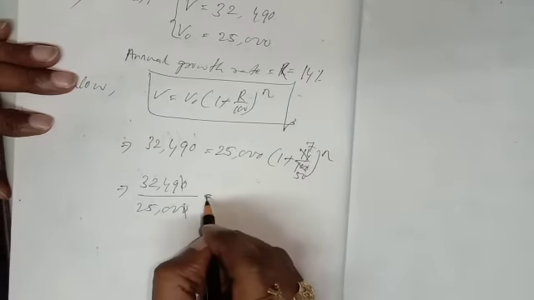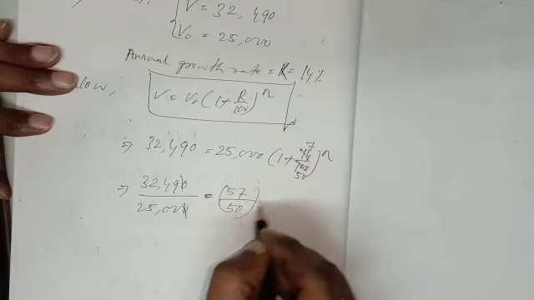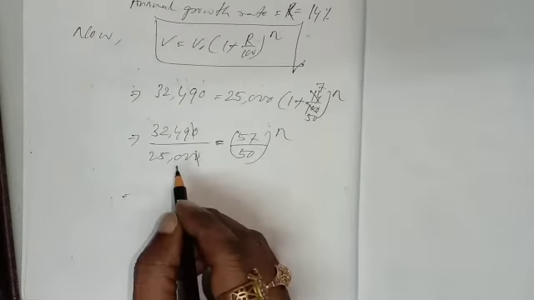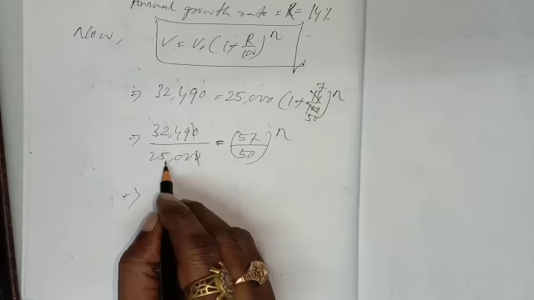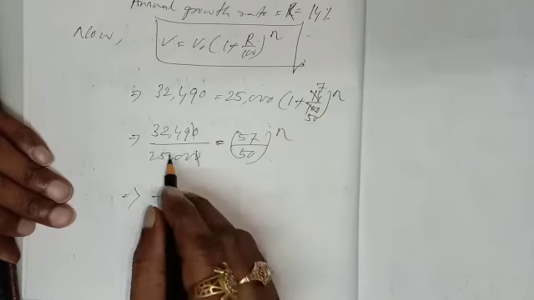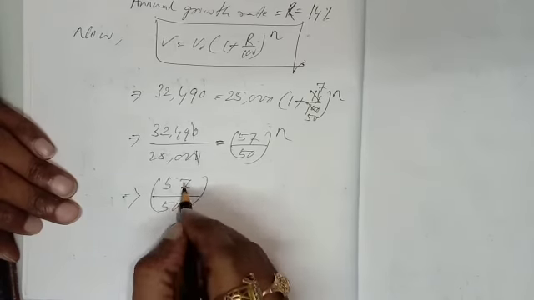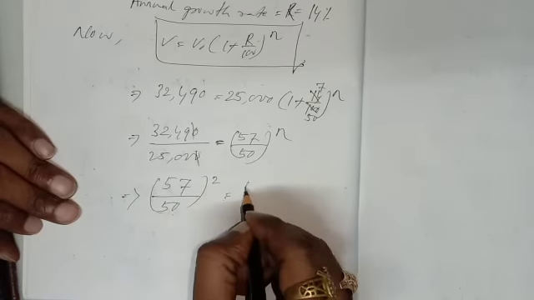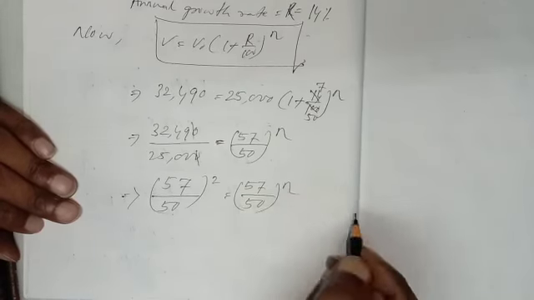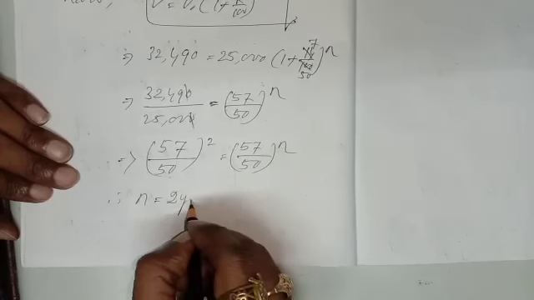It is coming 57 by 50 whole to the power n. And 2,500 means 50 whole square, and this will be 57 whole square. 57 by 50 whole square is equal to 57 by 50 whole to the power n. Comparing both sides, n is equal to 2 years.